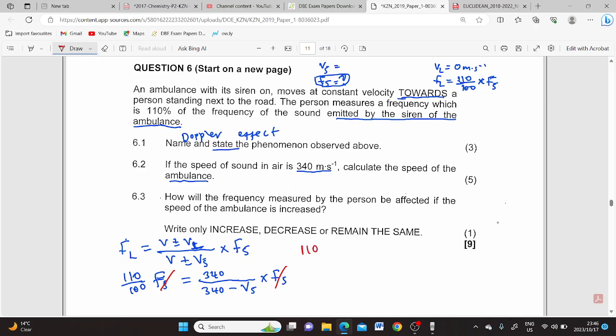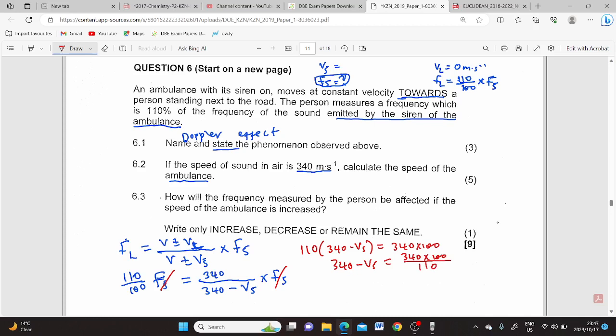So we can say 110 into 340 minus the velocity of the source equals 340 multiplied by 100. Of course, that will be 340 minus Vs equals 340 by 100 all over 110.